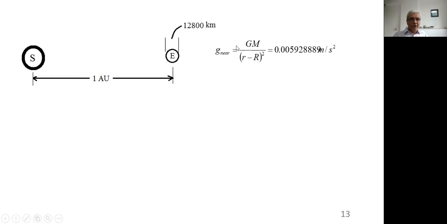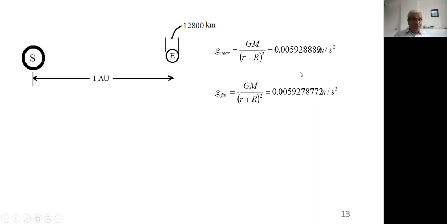If you take the point nearer to the sun, this g due to sun is 0.59288, and for the point farther from the sun, it is 0.59278. So 288, 278. The difference is in the sixth place after the decimal. Should it matter?